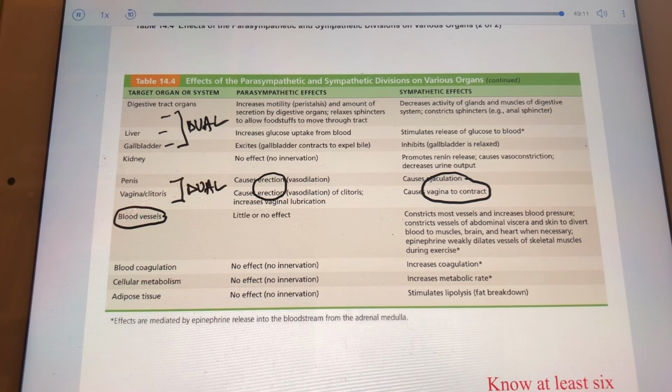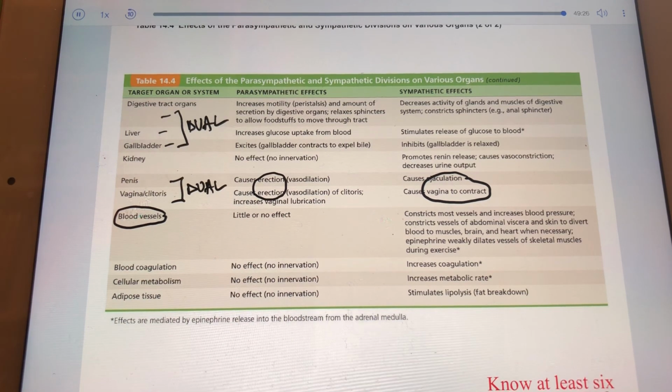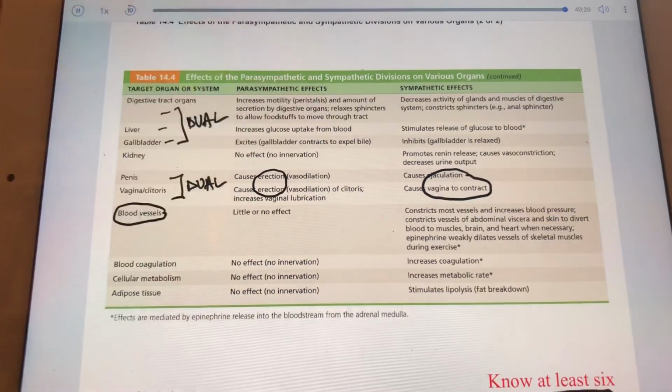Kind of counterintuitive. Anywho, know the effect of the parasympathetic and sympathetic pathways on at least six effectors, okay? And that's the end of chapter 14.